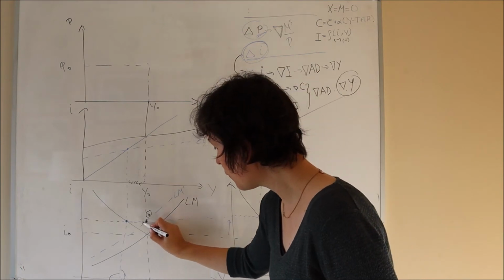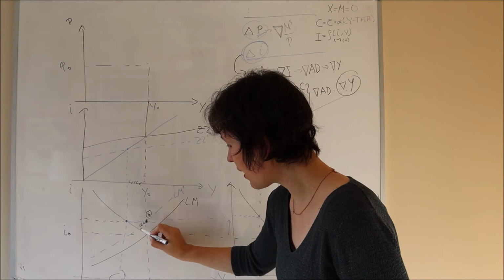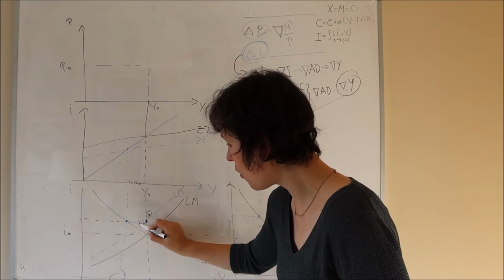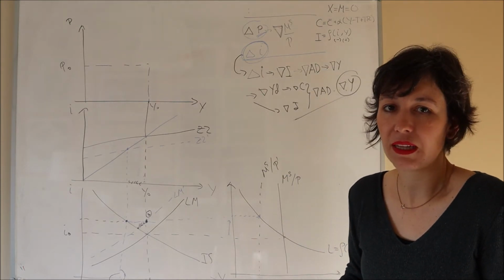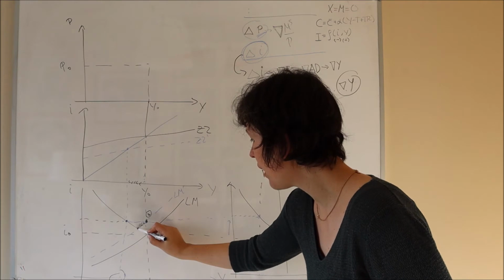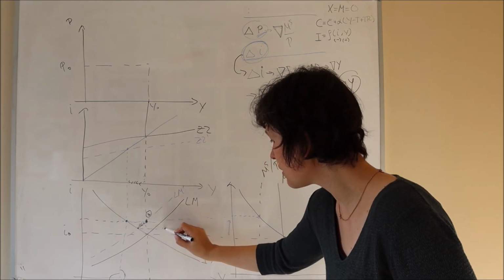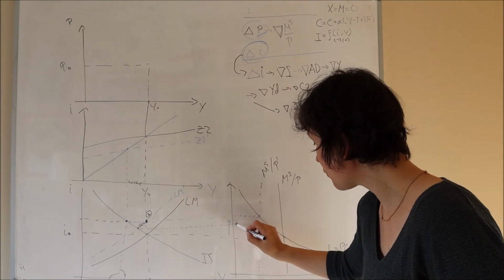So we are going to move along the LM curve from this interest rate with this level of production to a lower interest rate. And that is good. I know that here is going to be the final equilibrium. So that is going to help me to draw the new demand for money, which is going to have this equilibrium interest rate.